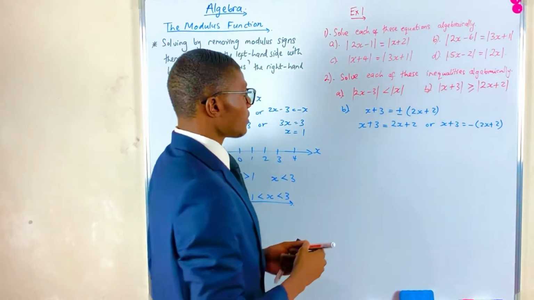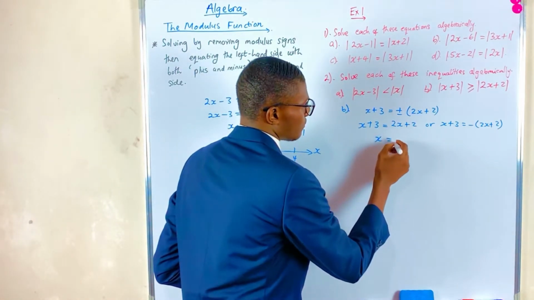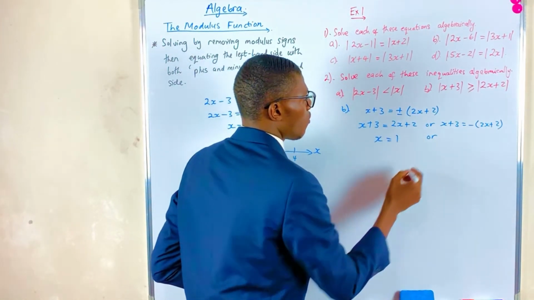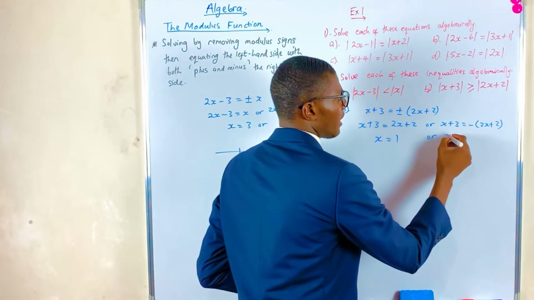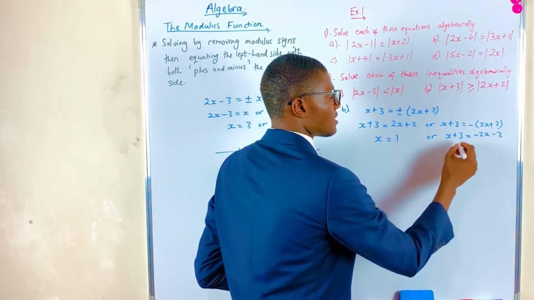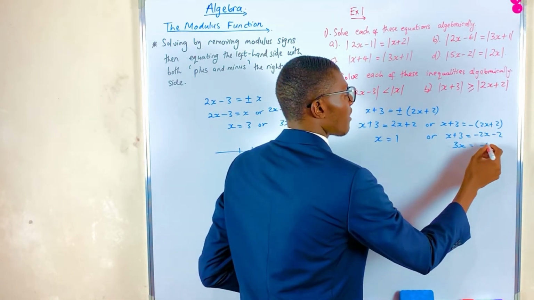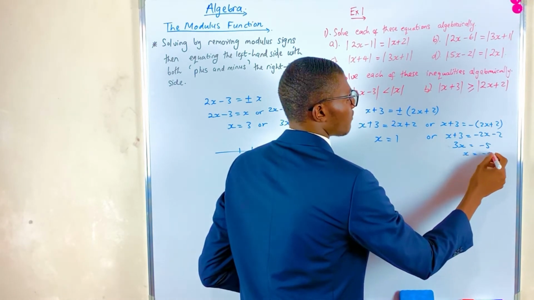Then we shall solve for x. So x is equal to 1, or x plus 3 is equal to minus 2x minus 2, such that 3x is equal to minus 5, and x would be minus 5 over 3.